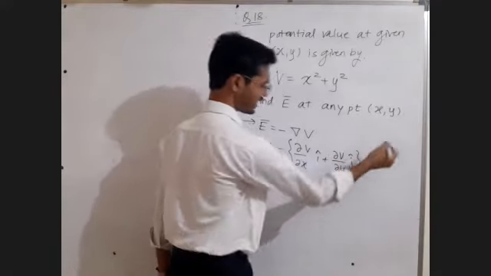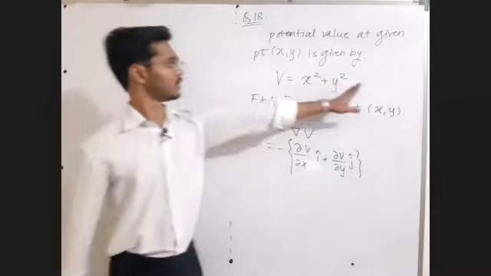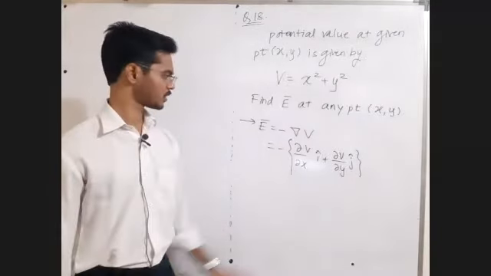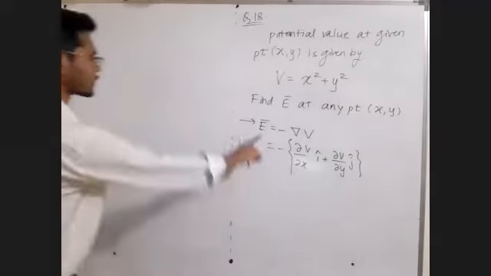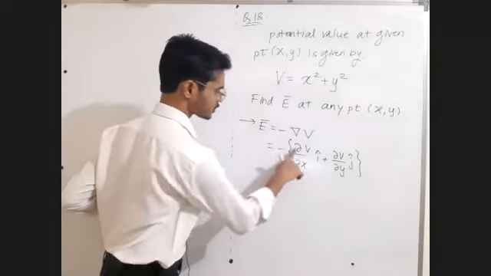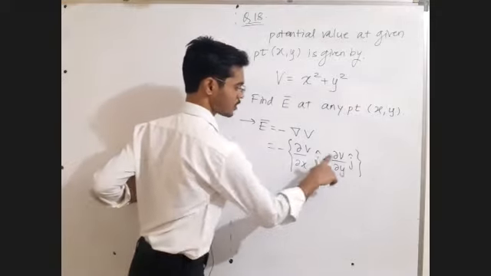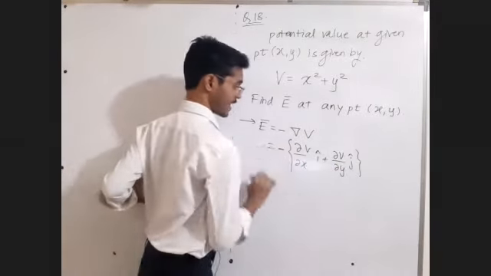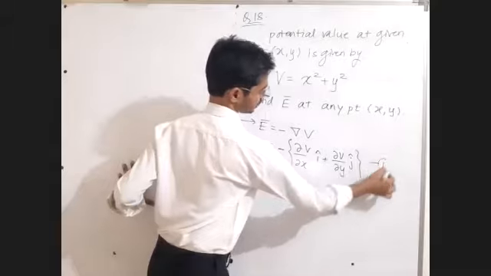No need to write k cap because x, y, z is not there. Only x, y is there, z is not there. This much is enough. So E bar is equal to minus, bracket, dou v by dou x i cap plus dou v by dou y j cap, bracket complete, with the minus outside the bracket as it is. So call this equation 1.